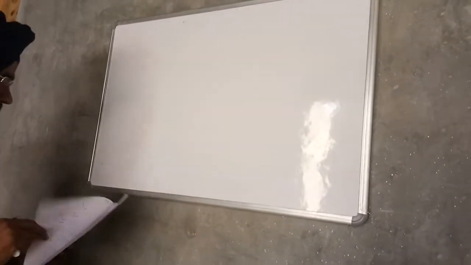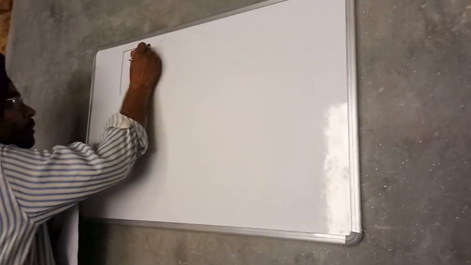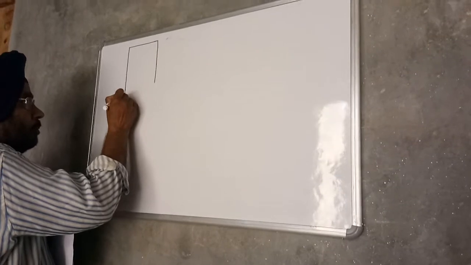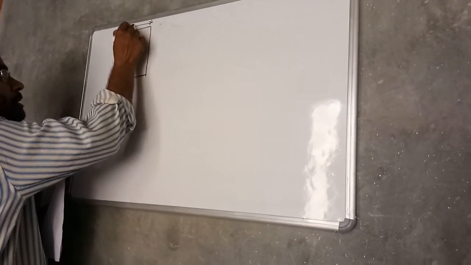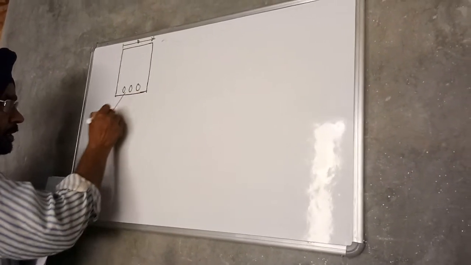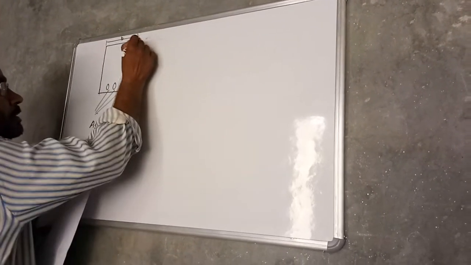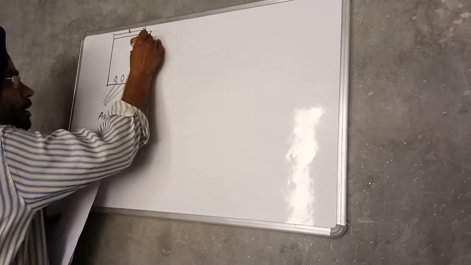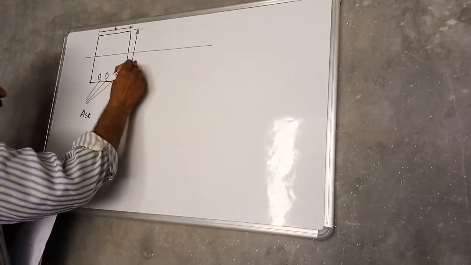First of all, this is the cross section of the beam. This is the width of the beam section, this is the area of steel in tension Ast, and this is the effective depth small d.